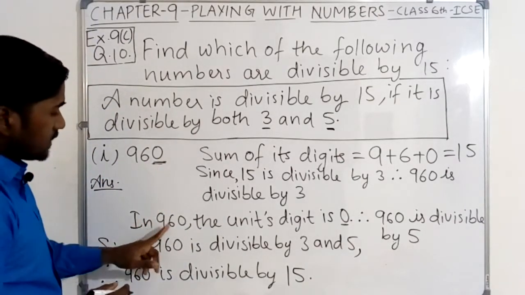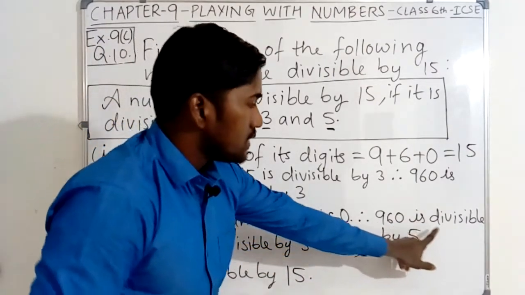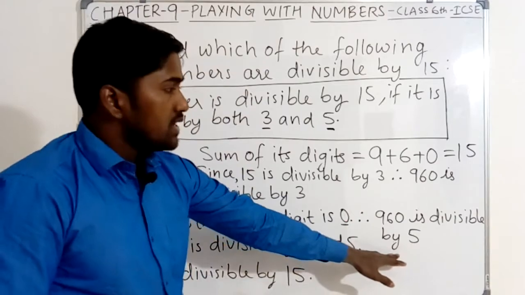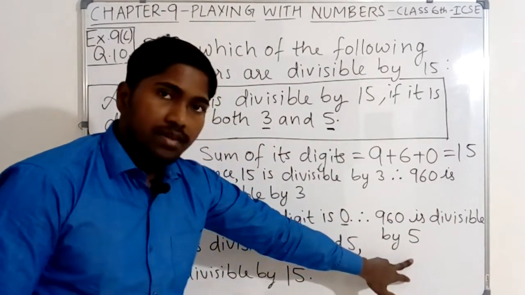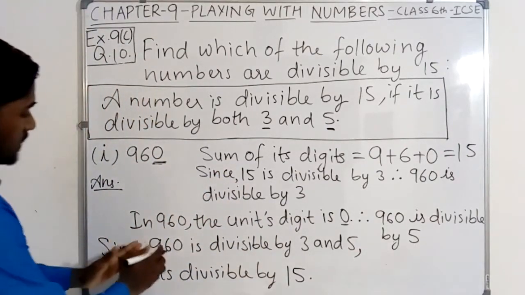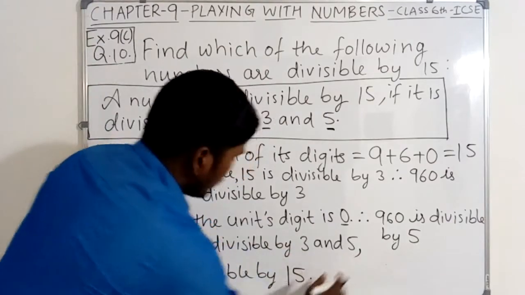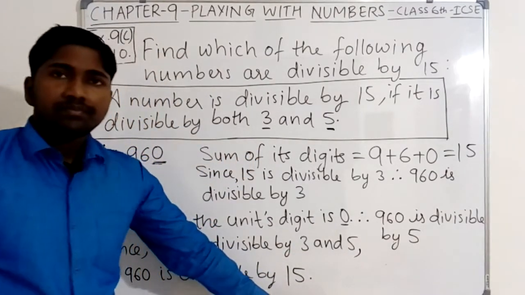It means in 960 the unit digit is 0, therefore 960 is divisible by 5. Now see, it is clear here that it is divisible by 3 and also by 5. It means this number is also divisible by 15. Since 960 is divisible by 3 and 5, therefore 960 is divisible by 15.